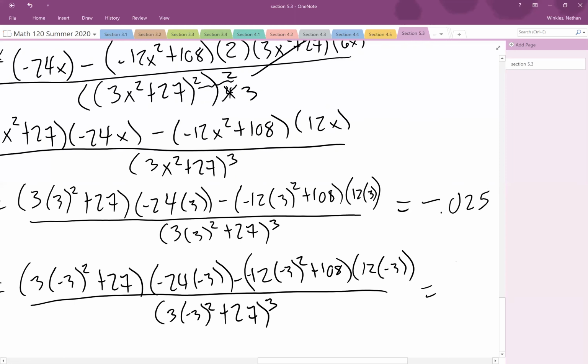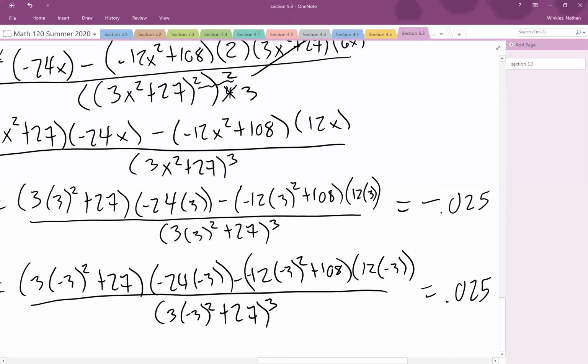If we plug this in using the other one, we would have got 0.025.